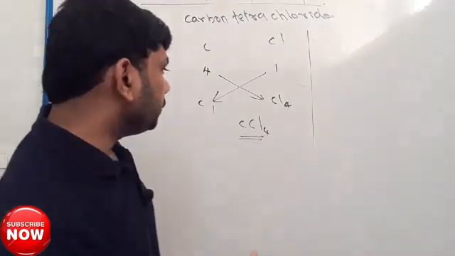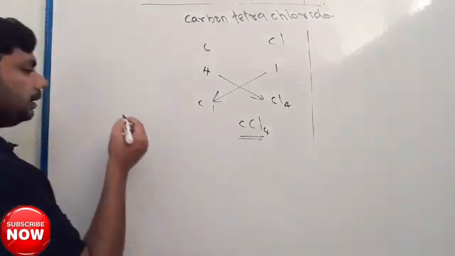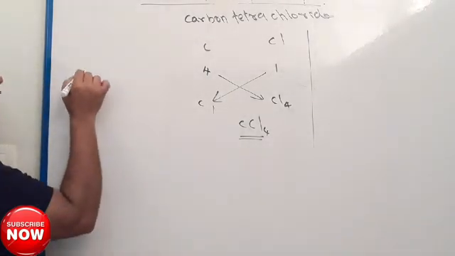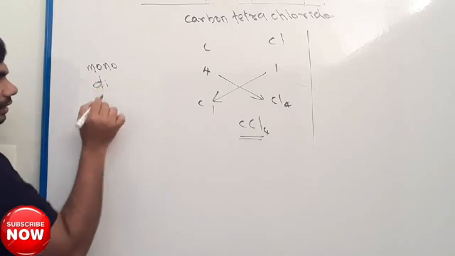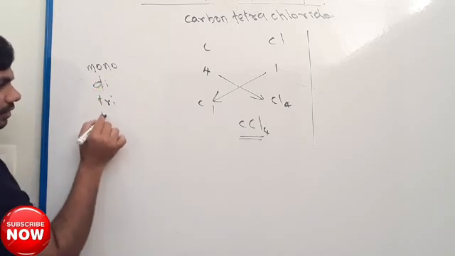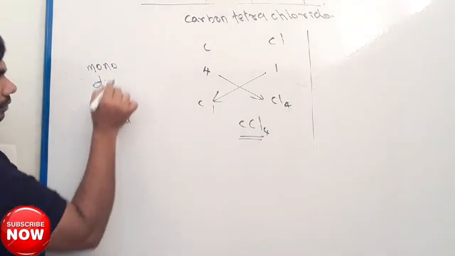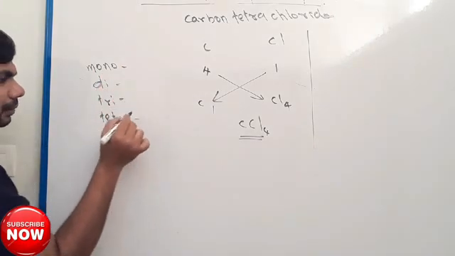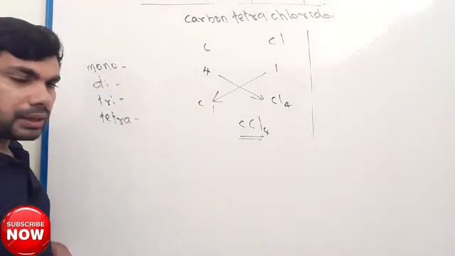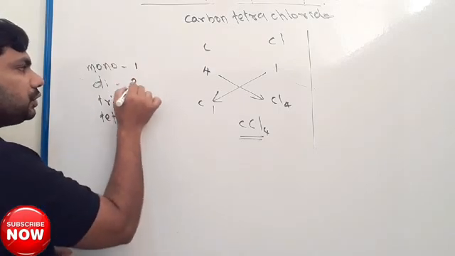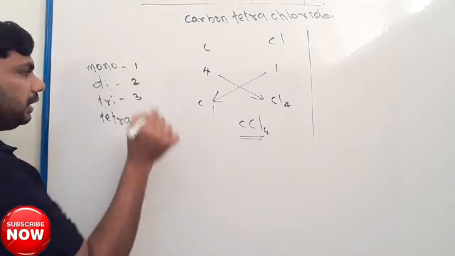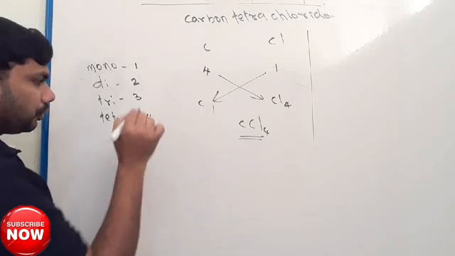Actually here you have to remember, in chemistry in this type of compound we use mono, di, tri, tetra. These numbers represent: mono means 1, di means 2, tri means 3, tetra means 4.